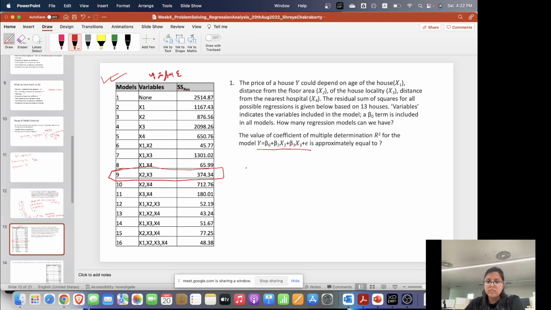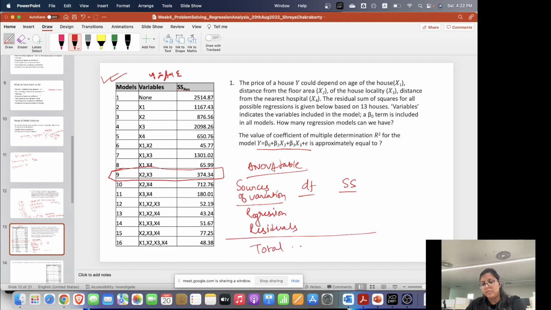So if we just write down the ANOVA table, these are our degrees of freedom, sources of variation, sum of squares. Let us write this much only for now. There are three sources of variation: the regression, the residuals, and the total. Here our n, the total number of observations, is 13.